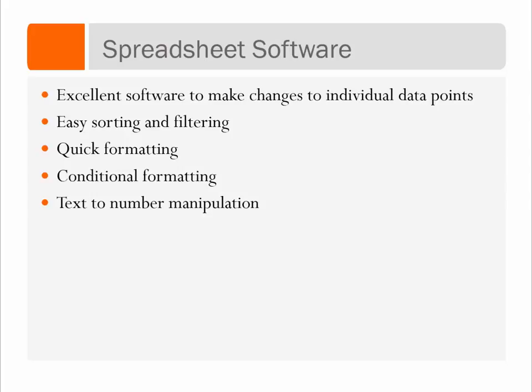We can do conditional formatting, so if this particular condition, format in this way. And probably the most popular or commonly used is text to number manipulation. Often we will have data sets that we want to utilize, where a particular set of integers or numbers is captured as text, but we need to convert those back to numeric integers before we utilize them.